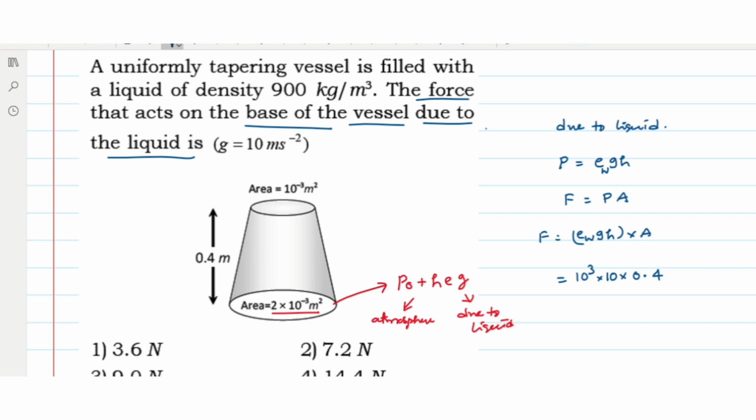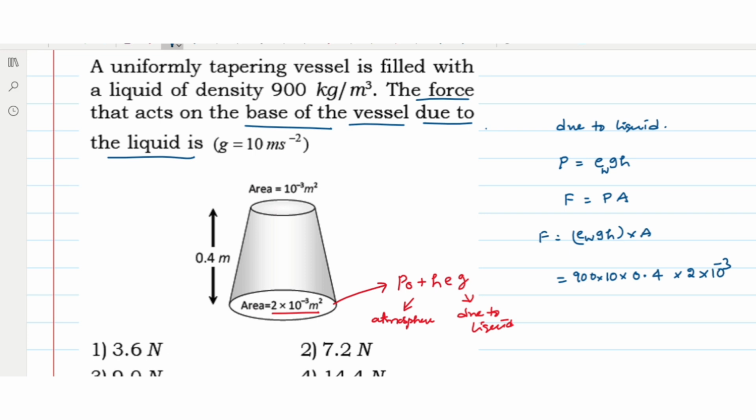Here the liquid density is given as 900 kg per meter cube, into g value 10, into 0.4, into area, which is given as 2 into 10 power minus 3 meter square.